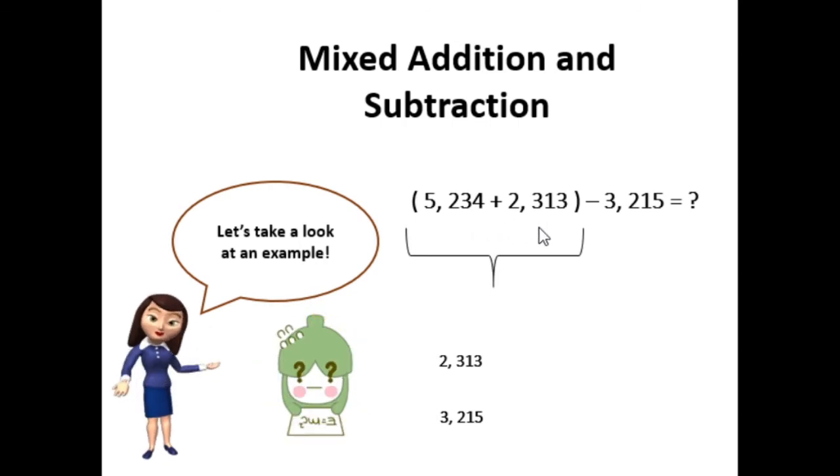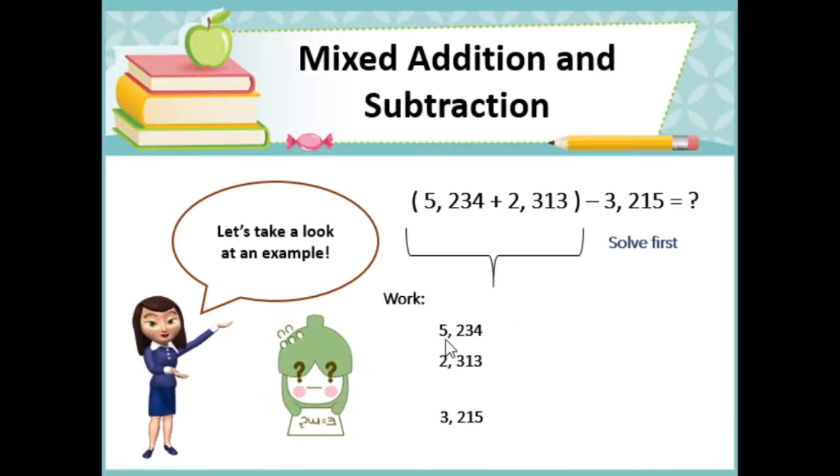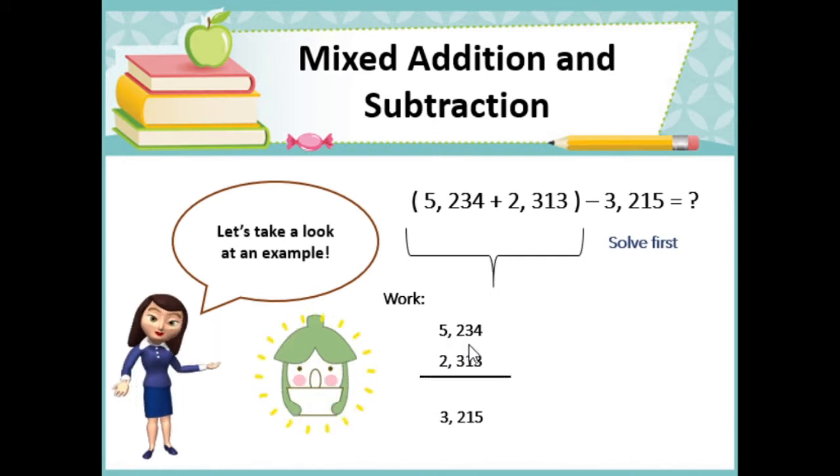These numbers are what we are going to solve first. So, we have here 5,234 plus 2,313.